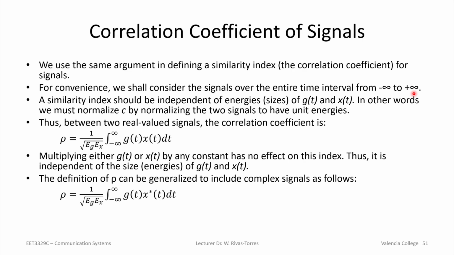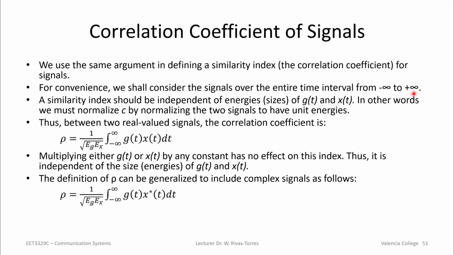So we can come up with a correlation index for those kinds of signals from minus to +infinity, right? But we should always have rho be an index that is independent of the energy of the signals, which is, again, going back to the vector analogy, if the two vectors are pointing in the same direction, they're actually the same vector eventually, right?